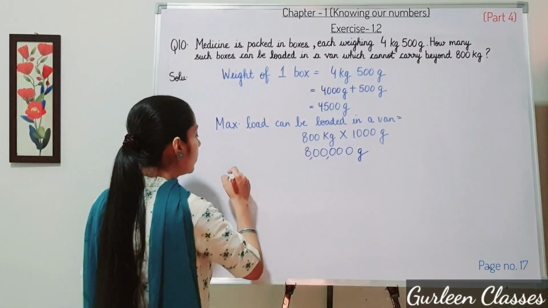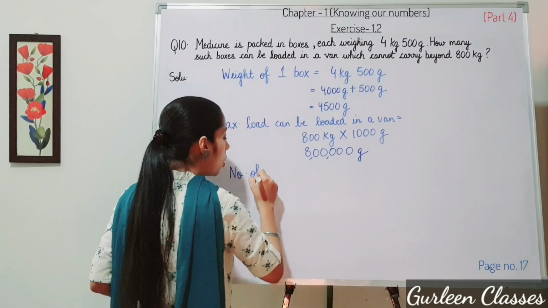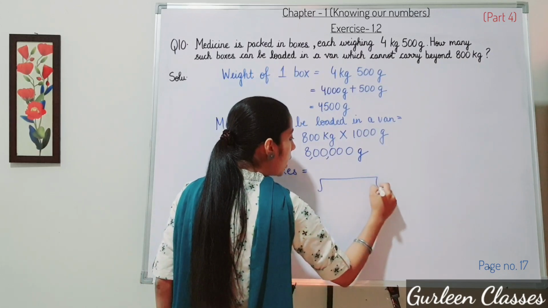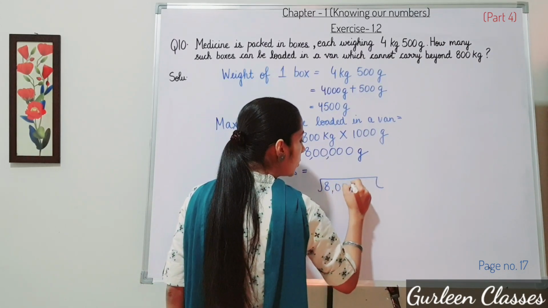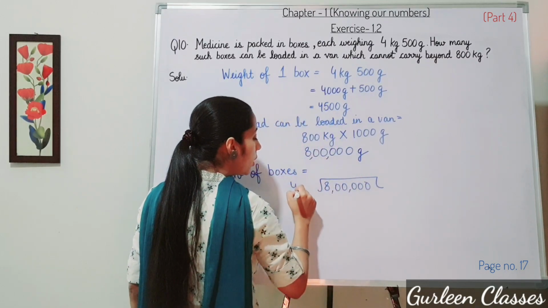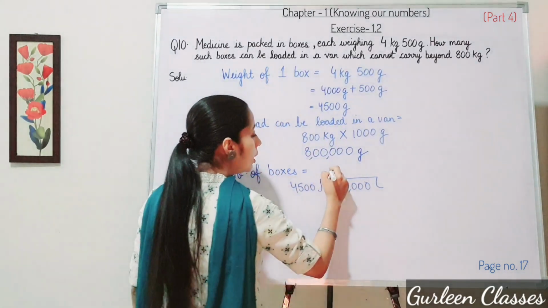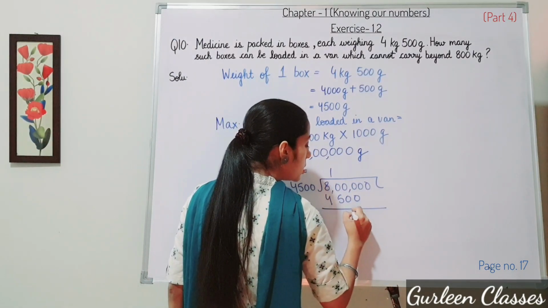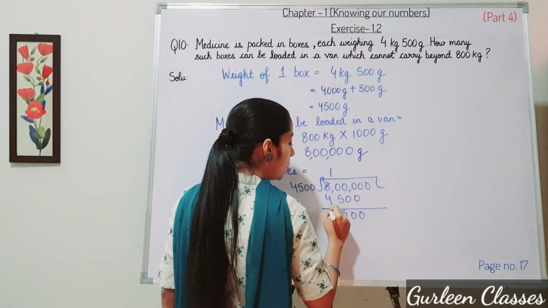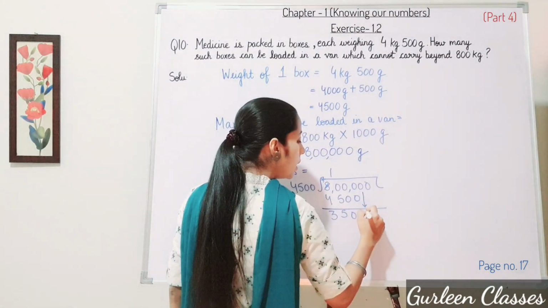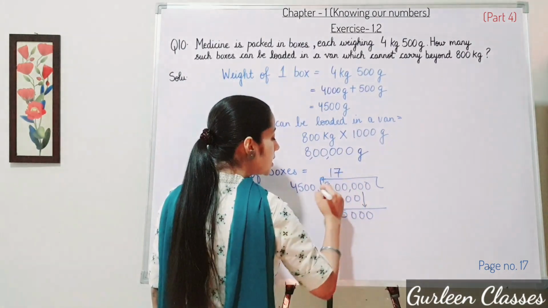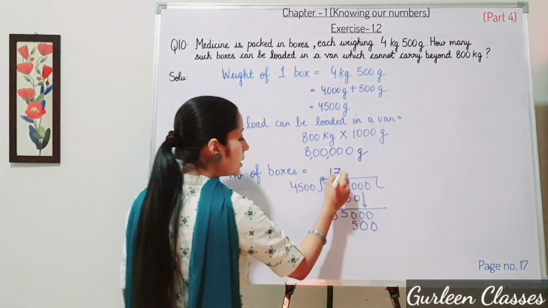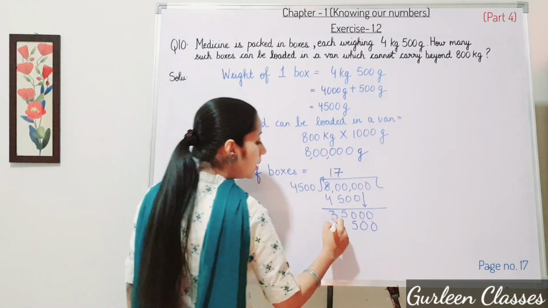So let us divide here. Number of boxes is equal to 8 lakh divided by 4500. 4500 once is 4500, then 0, 0, 5, it will be 3. So the 0 will come down. 4500, 7 zeros are 0, then 7 5s are 35, 7 4s are 28, then 31.